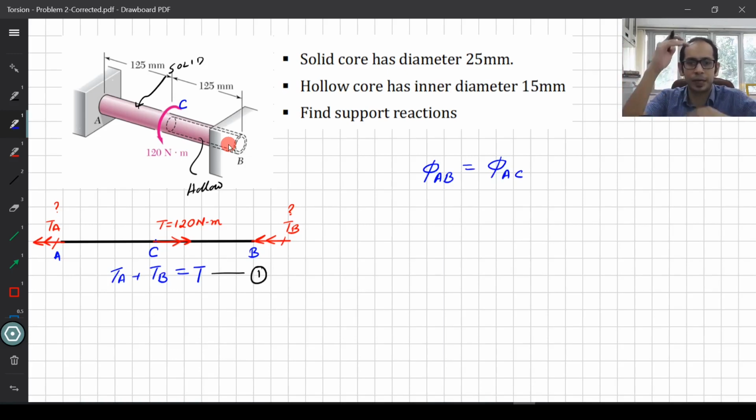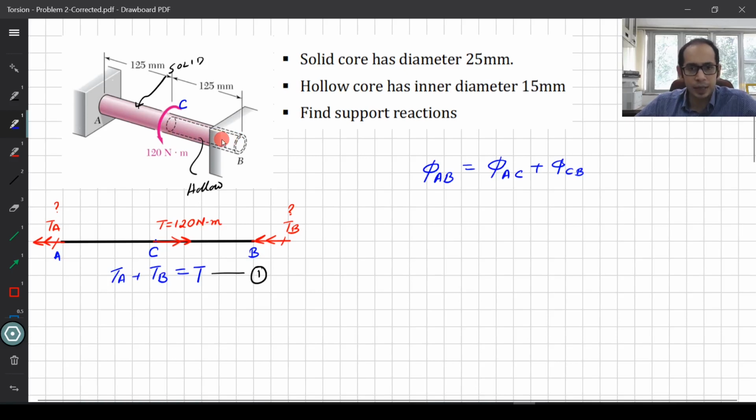If you have a clamped support with an axial load, that is 0. For the torsion case also, if you have clamped ends, then the total rotation is equal to 0. Now how do we compute phi AC? Phi AC is for this portion, and phi CB is for this portion of the shaft over here.